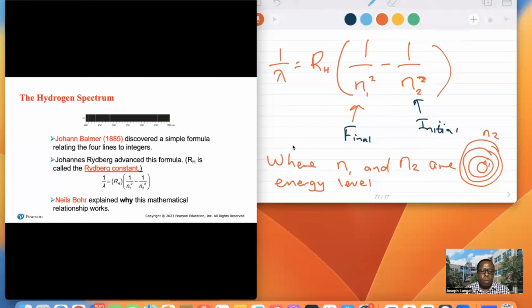Bohr now explained why this mathematical relationship works. The relationship fit, and they didn't know anything else. So Bohr is proposing why this is fitting.